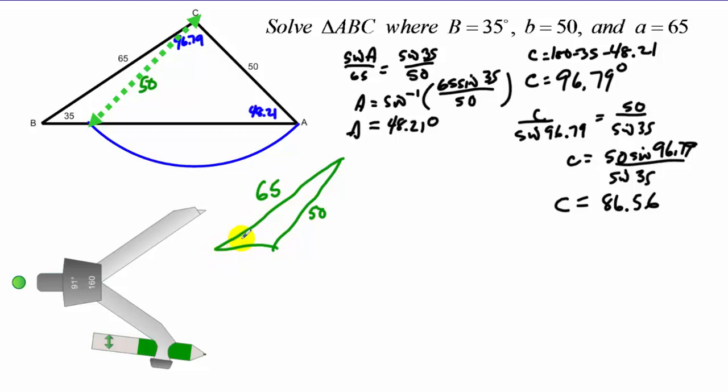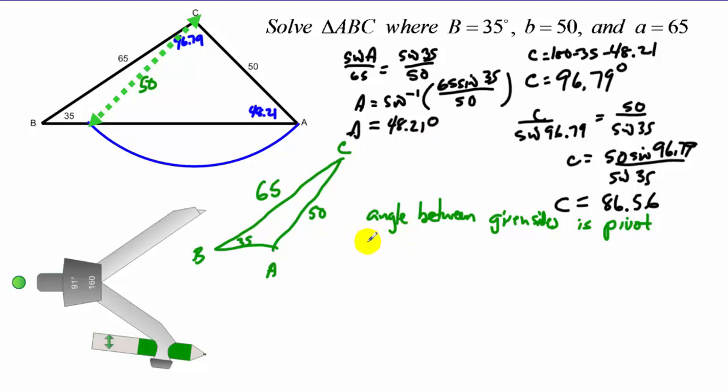Now the key is, well, how do I know which side I move? Well, there's a way to do that as well. Basically, what you want to do is use the angle between the given sides as your pivot. So that angle is the vertex of the angle that you swing.